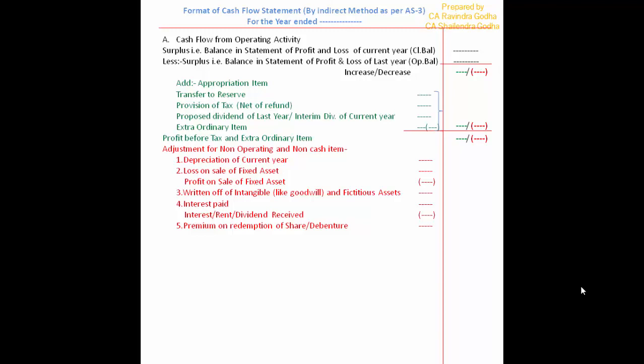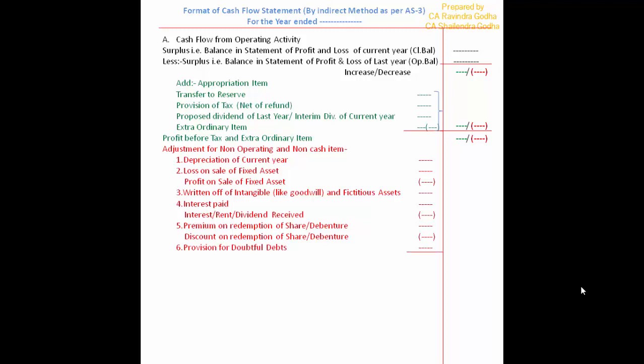It is written here only in the situation when premium on redemption of shares or debentures is adjusted by the profit and loss account. If it is adjusted by securities premium reserve or capital profit, then this item is not shown here, and opposite of it is discount on redemption of shares and debentures. It is a profit, so we deduct it. Next, provision for doubtful debts.